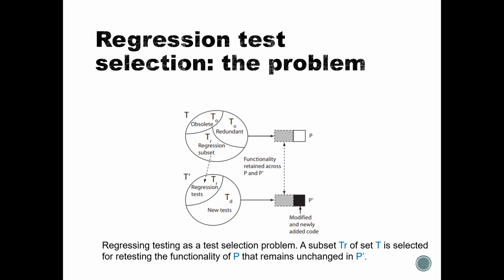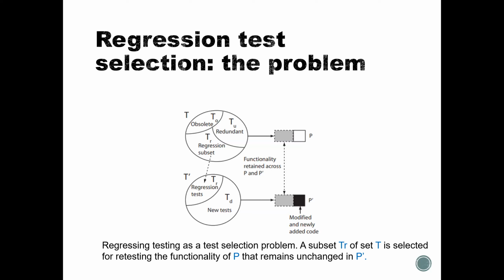In the diagram, we have P on the right-hand side, and the test set T, based on which this testing was initially done. Now let us assume that you have added certain functionality to P, or removed certain features from P because of user feedback. Now you have this modified program P dash, and the behavior of P dash should conform to the new specification S dash.